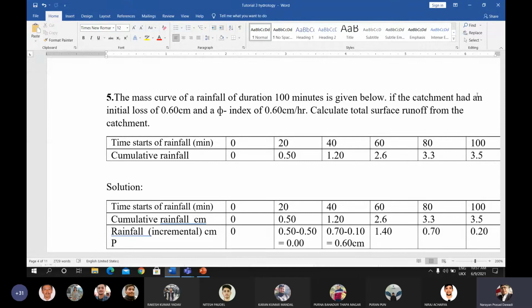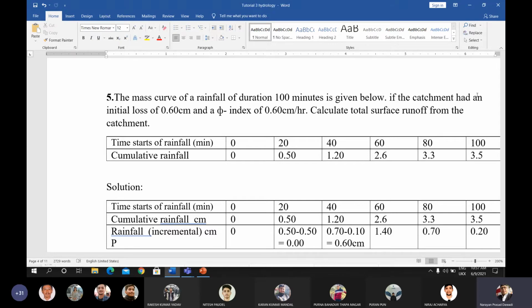Here the initial loss is considered. Initial loss may be the interception loss or the depression storage. The interception loss or depression storage is generally evaporated from the surface, and that will not flow as surface runoff.